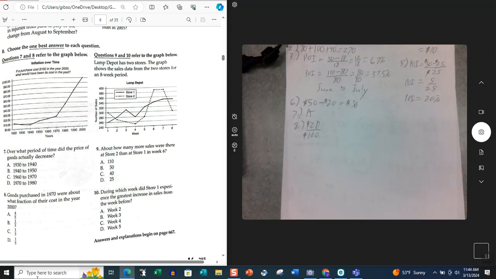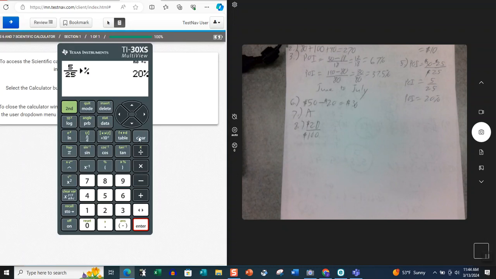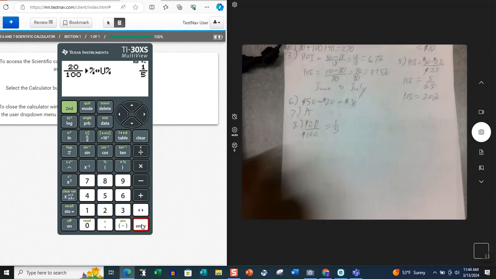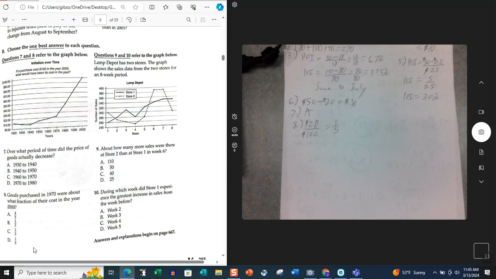And if we make this 20 over 100, if we take our calculator, put N over D, we'll put 20, down arrow over 100, right arrow, and then we want this to be a simplified fraction, so we'll press second, x10 to the n, and press enter, so it's 1/5. So our answer here would be D.